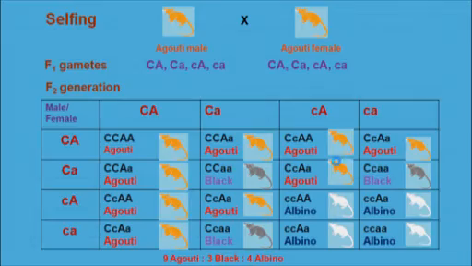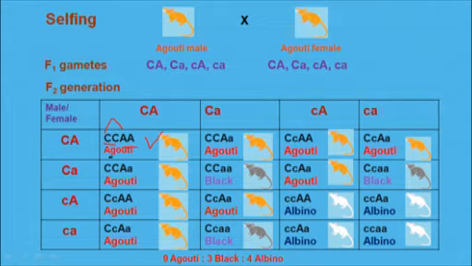So in this example we will also see the concept of supplementary genes. Here you should understand that both genes contain dominant alleles, that is the C gene and the A gene. When these two genes come together, they will produce the same type of phenotype.